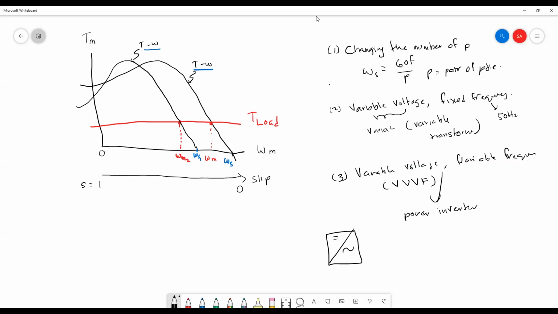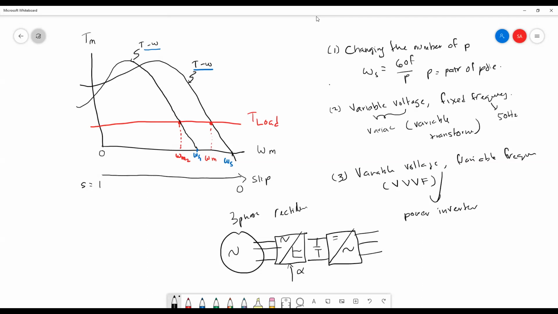So if you have a three-phase supply here, you need to convert it into DC form by using a rectifier.